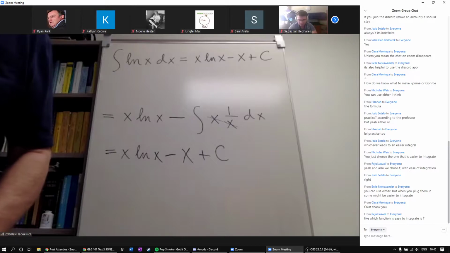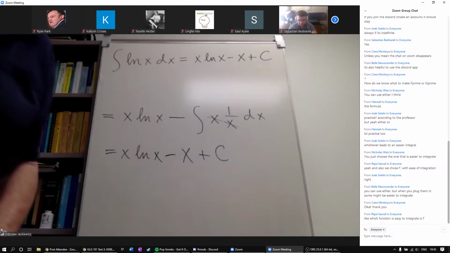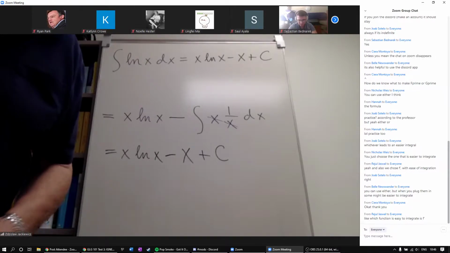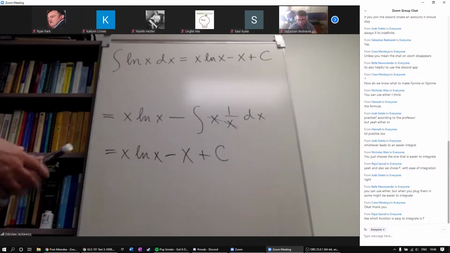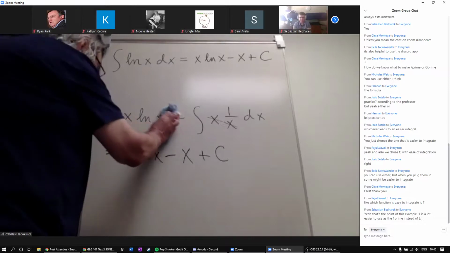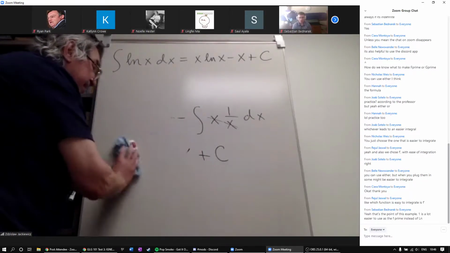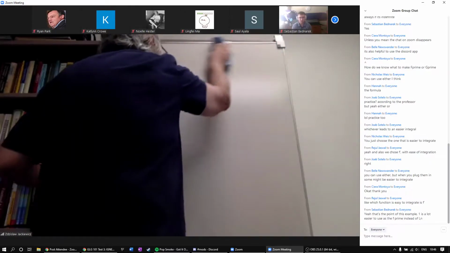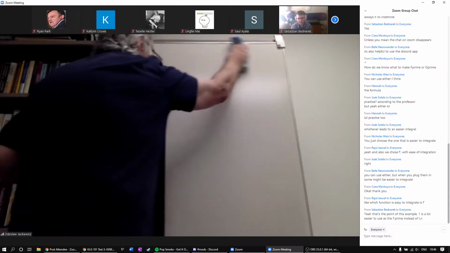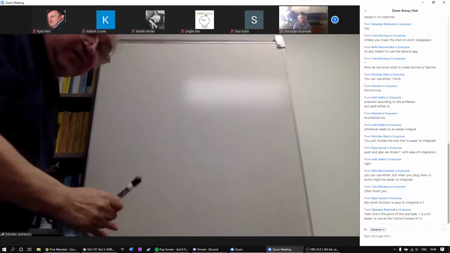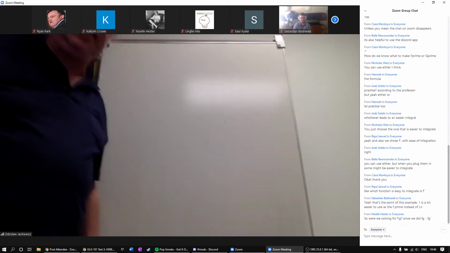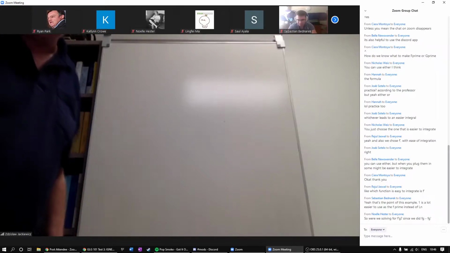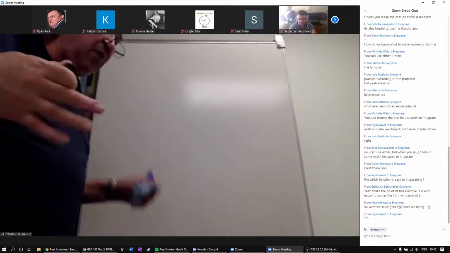Now, before I go to slides, let's discuss one other example here on the whiteboard. This example will illustrate that in order to compute something, sometimes you will have to use integration by parts more than once.